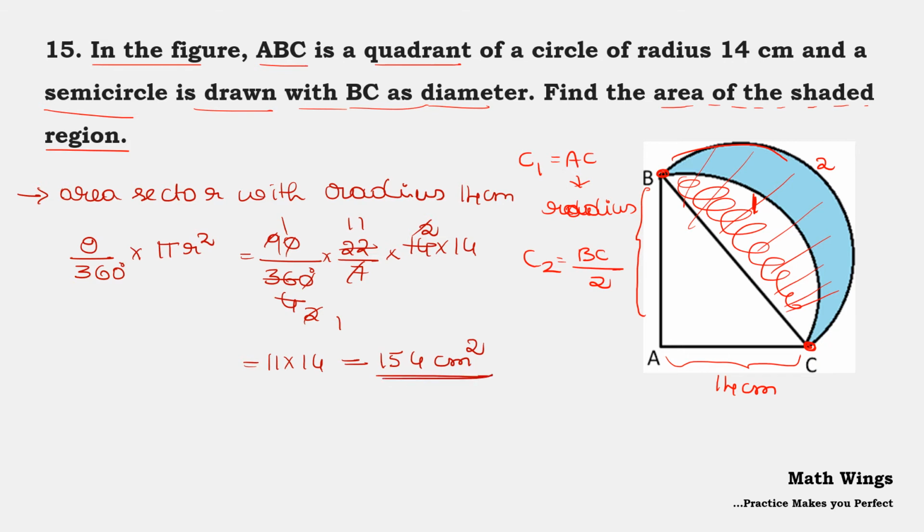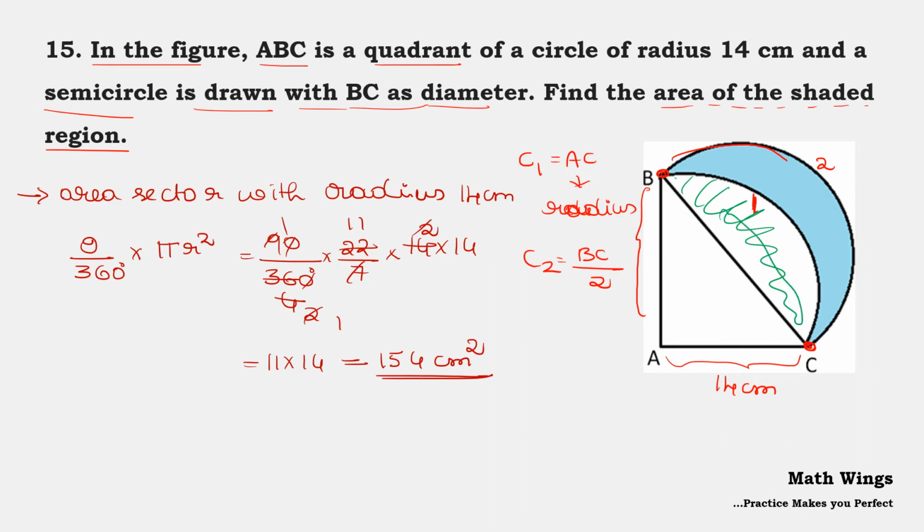This is the area of the sector, right? Therefore, what is the area of this segment? Area of the segment here. This part. I'll just erase this one. So here, what's the area of the segment? This segment.